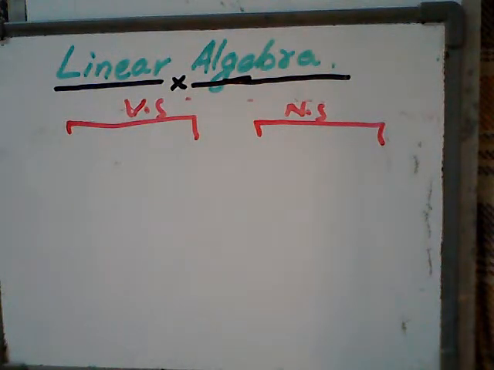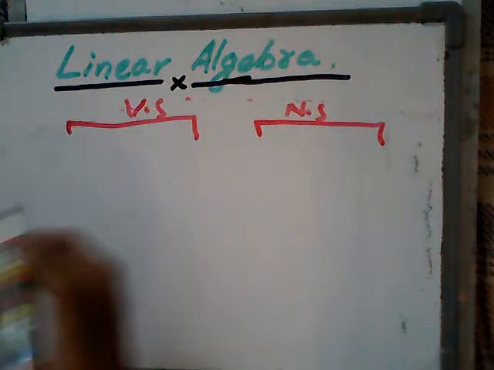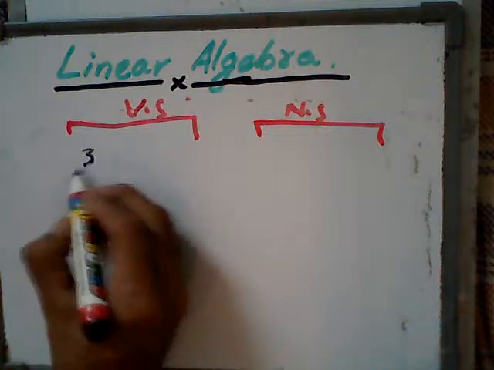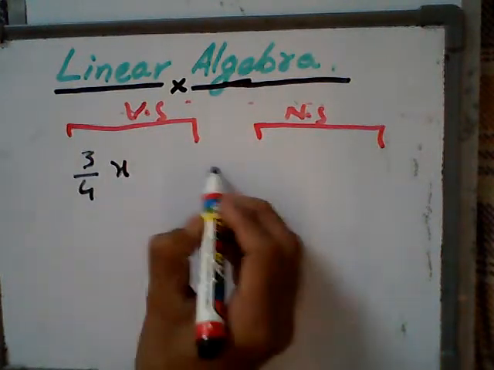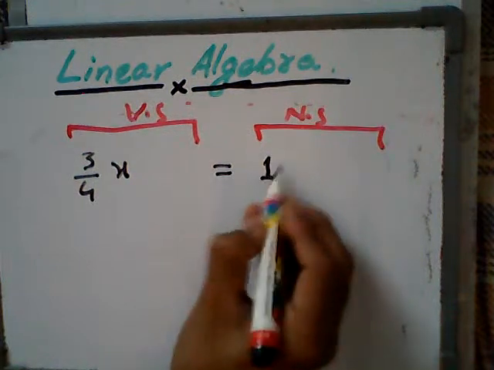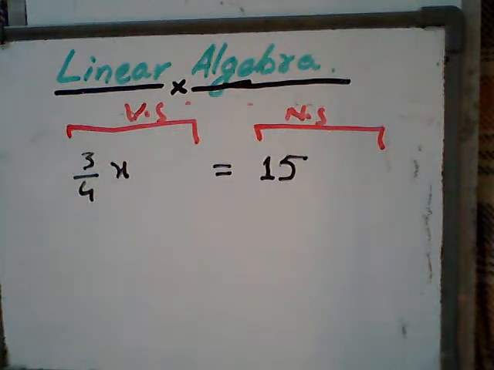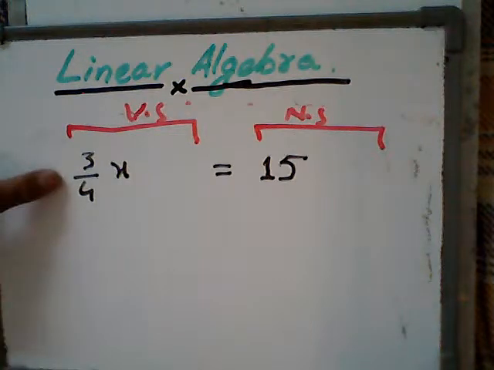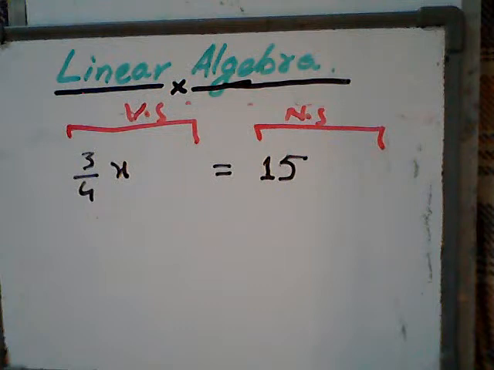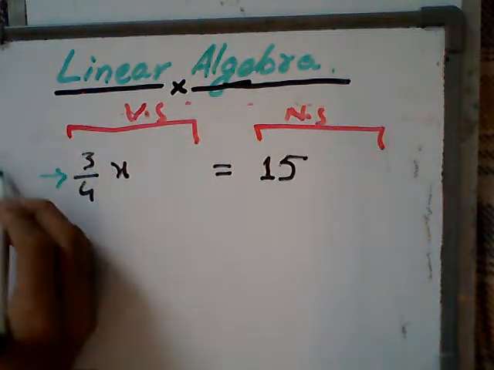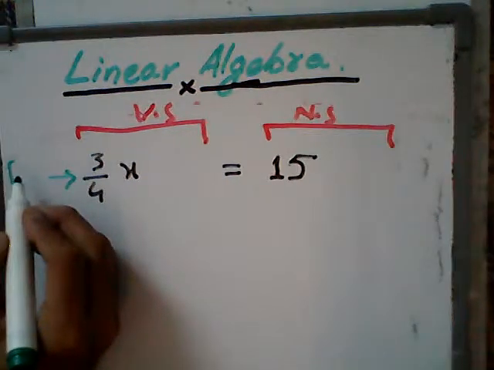Now we have a question about this one. 3 by 4x is equal 15. This is a question, or we'll be dealing with one more question related to this. This question gives us one part as a fraction. This is a fraction.